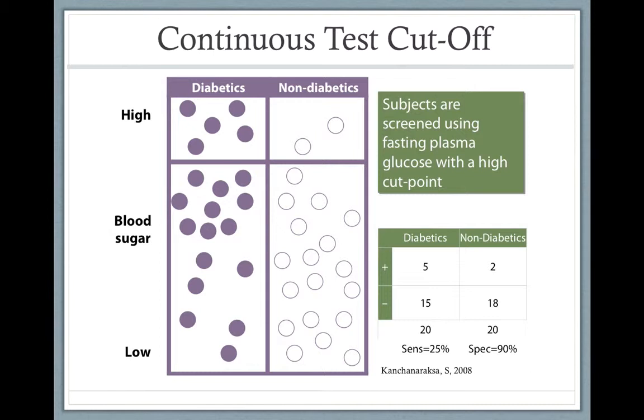But if the test is very expensive and it's hard to put people through, and it's a confirmatory test, we don't want to tell people they have a particularly severe disease when they don't. We don't want to treat people for a disease they don't have. If that outweighs the chance of missing the disease, then we want to have a high specificity. So in this case, we'd have a high blood sugar level as our cutoff.